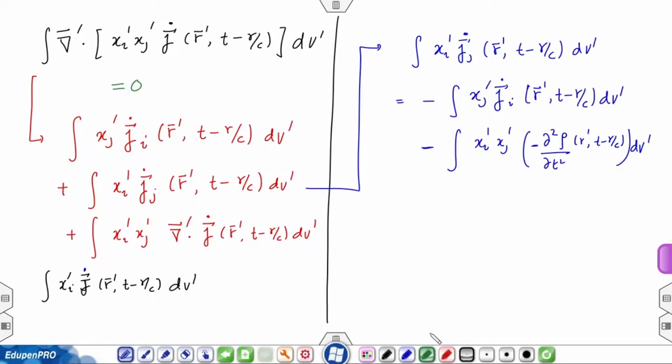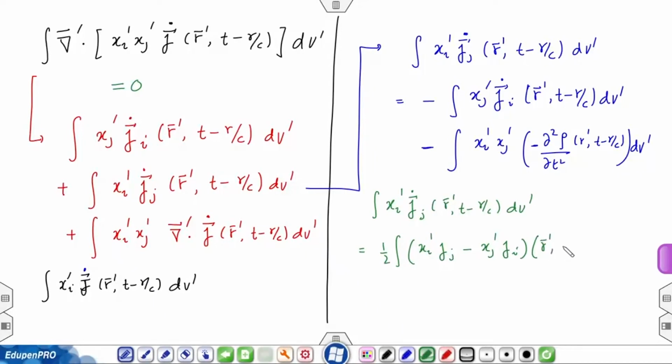And therefore, the integration x I prime j dot jth term, let us say we are calculating the jth term, r prime t minus r over c dv prime can be written as 1/2 integral x I prime j j minus x j prime j I, all evaluated at r prime time t minus r over c dv prime, plus 1/2 of integral x I prime x j prime rho double dot, where double dot gives the derivative at r prime evaluated at t minus r over c dv prime.